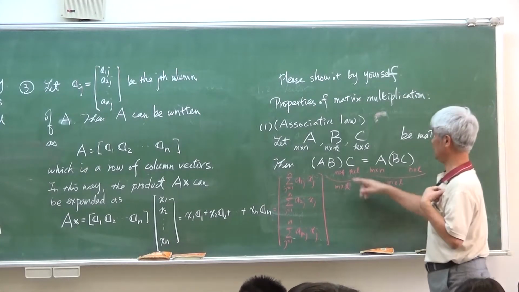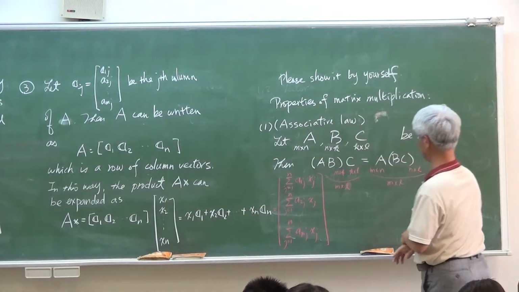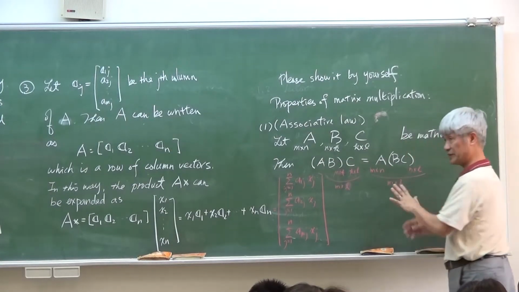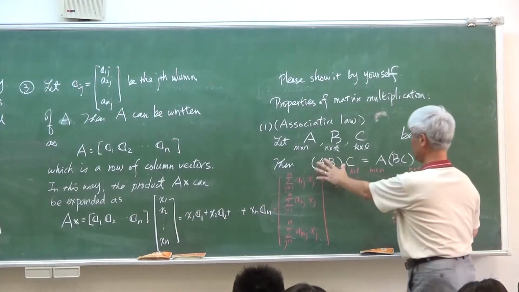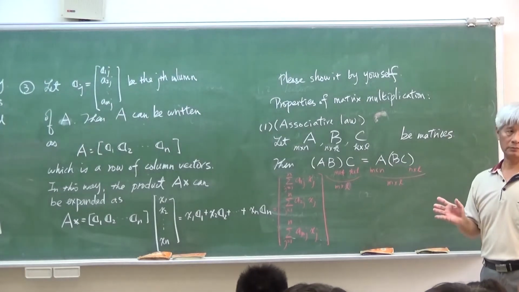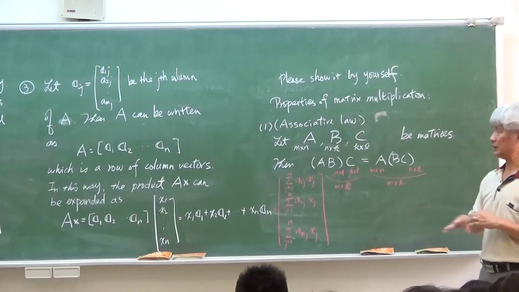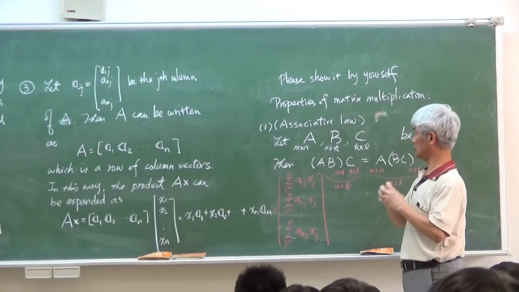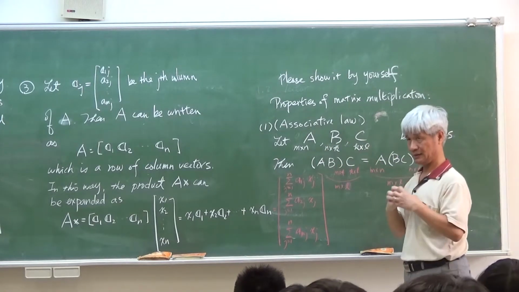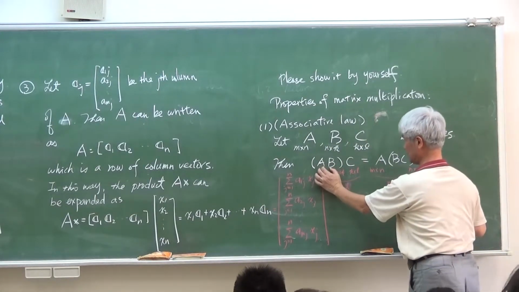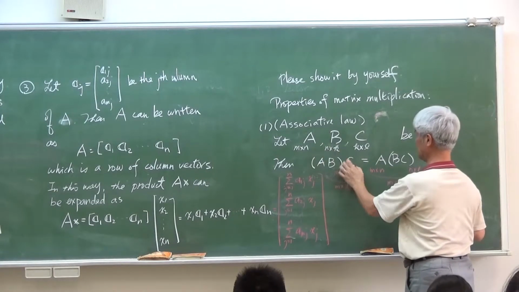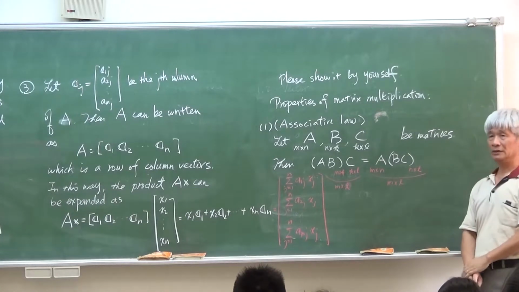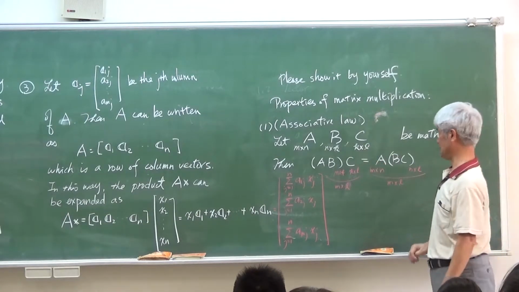So this is called the associative law: when you multiply a sequence of matrices with right dimensions, then you can do it in any order. For this example, if we multiply three matrices together, you can do AB first, and then multiply the result with C, or you can do BC first, and then A multiplied with the result BC, and they give the same result.